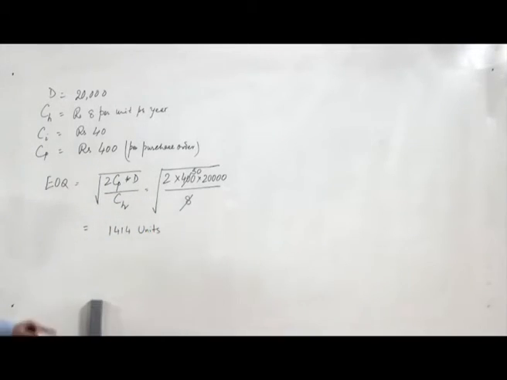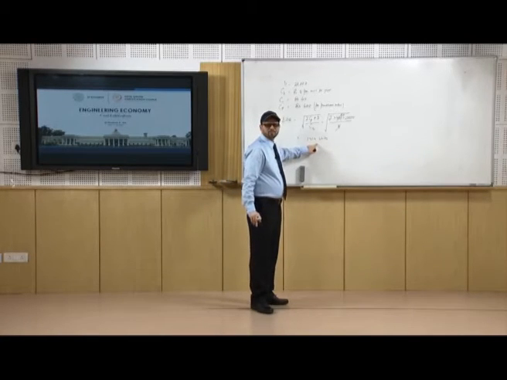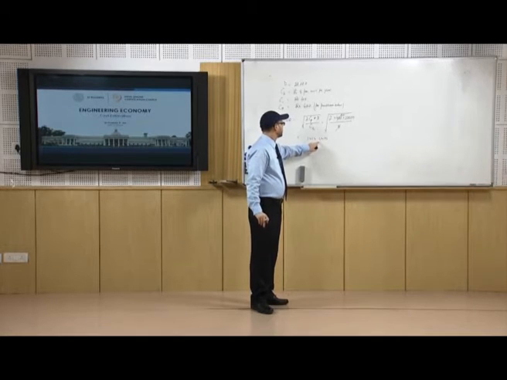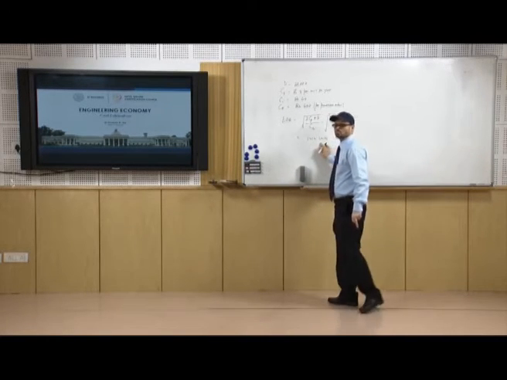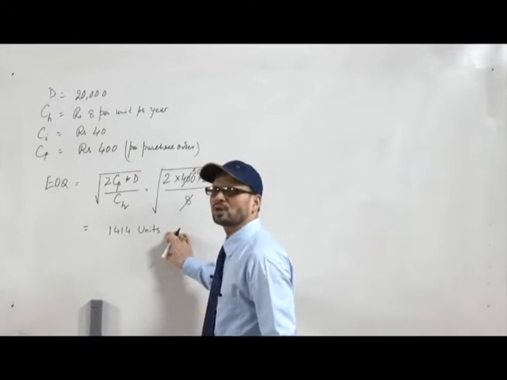This is the economic order quantity, the quantity which, when ordered once, will lead to minimum total cost.